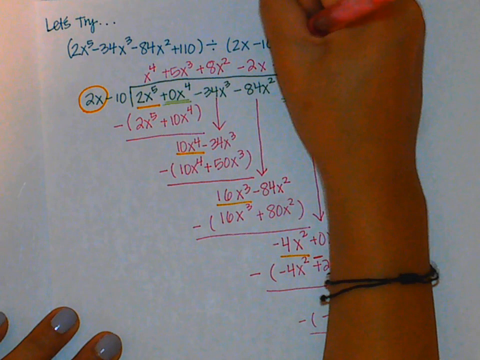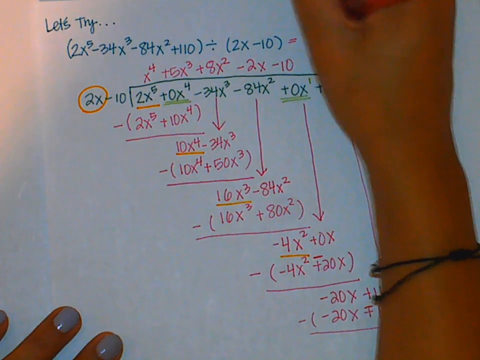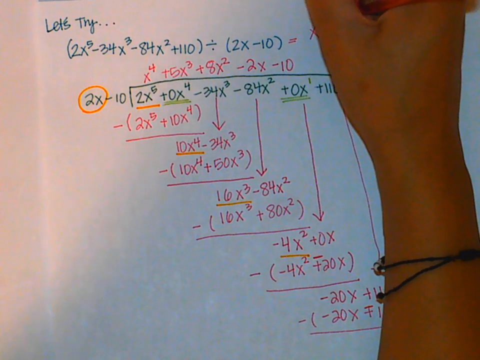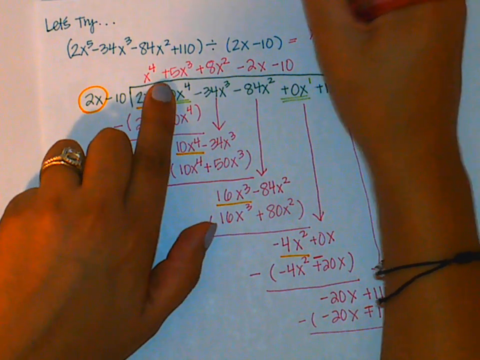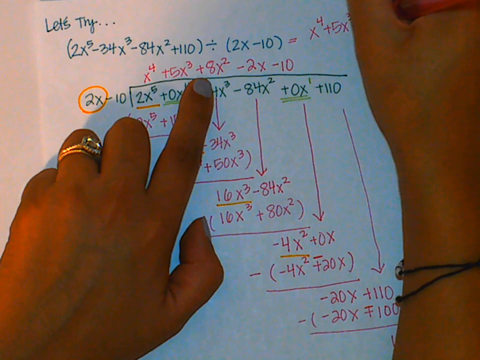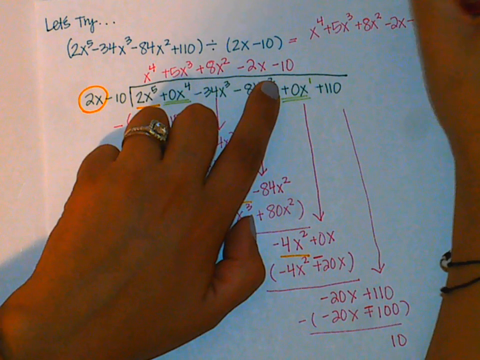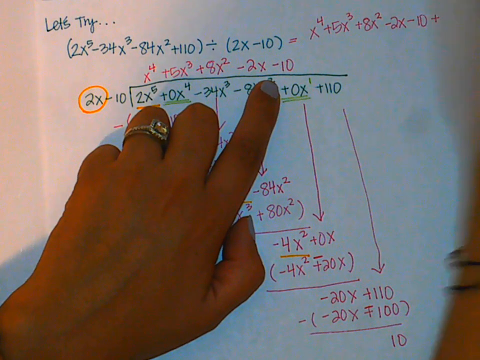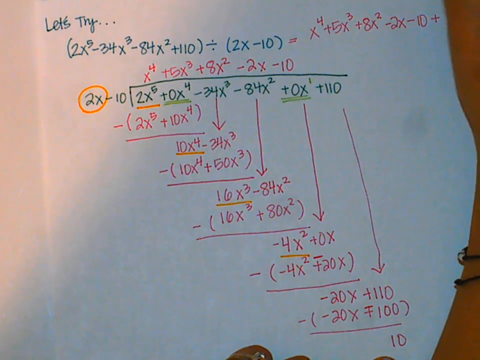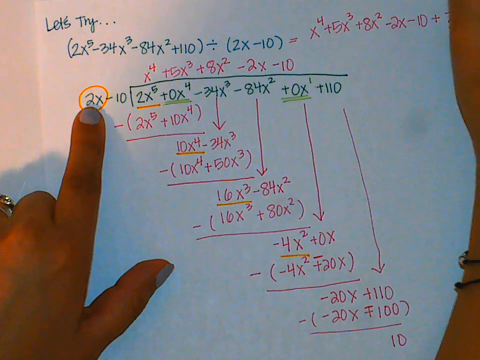So my answer would be x to the power of 4 plus 5x cubed plus 8x squared minus 2x minus 10 plus 10 over 2x minus 10.